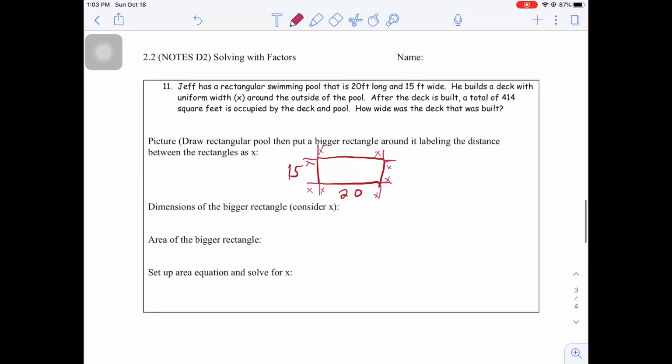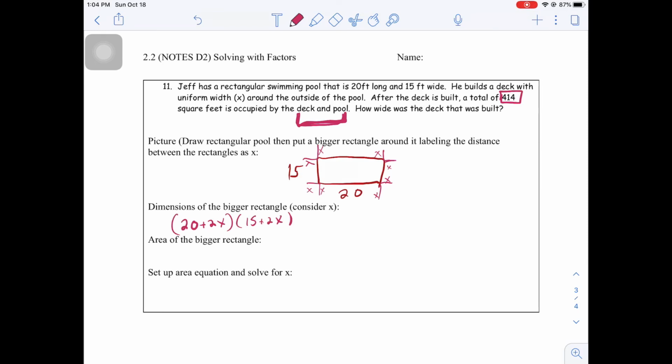The dimensions of the bigger rectangle, oh wait, sorry, I didn't finish reading the question. After the deck is built, a total of 414 square feet is occupied by the deck and the pool. Okay, how wide was the deck that was built? So the dimensions of our bigger rectangle, we have 20 plus 2x times 15 plus 2x.